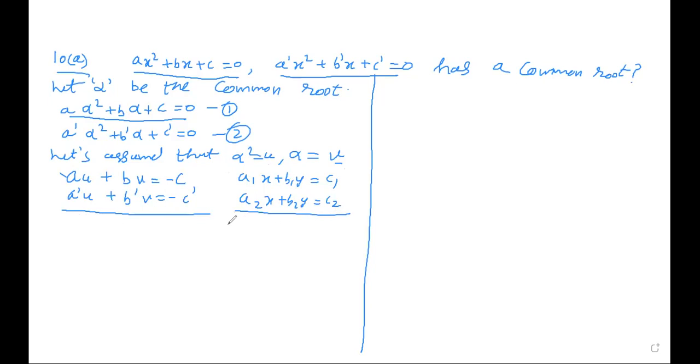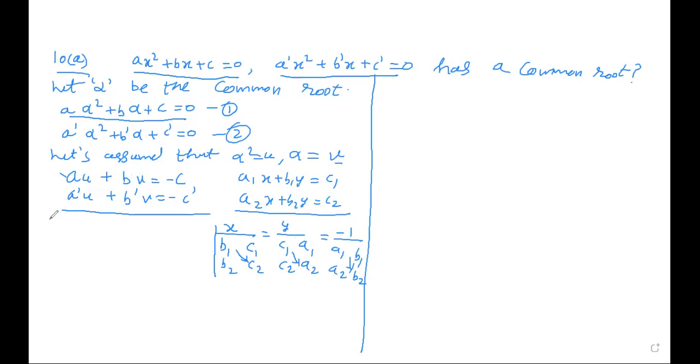What is the formula? x upon, I have told you that first we write the second column b1 b2, third column of coefficients c1 c2, equals to y upon, this column will be repeated c1 c2. After c there will be a1 a2, then minus 1 upon a1 a2 repeated. After a there will be b, and then we cross multiply them.